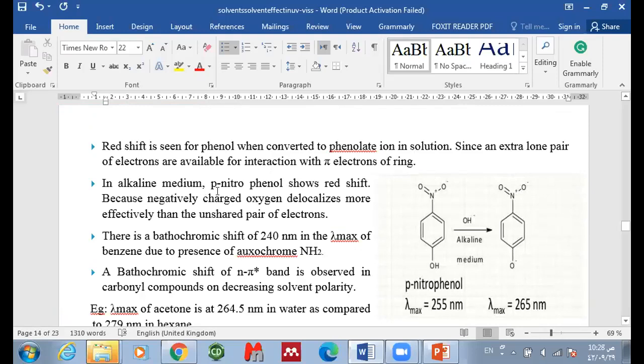Alkaline media for paranitrophenol shows red shift because of the negatively charged oxygen, which leads to delocalization more effectively than the unshared pair of electrons. That means this delocalizes the pi electrons that were originally on the molecule, which led to a red shift.